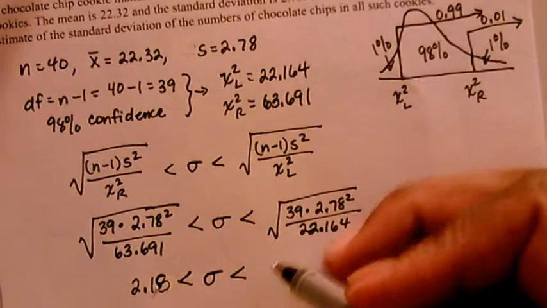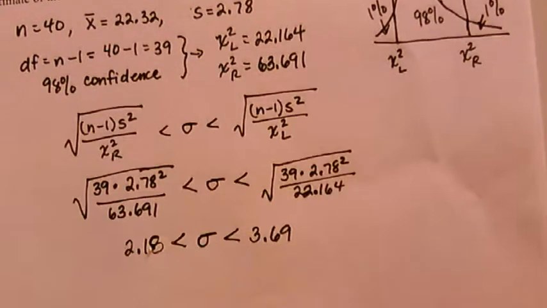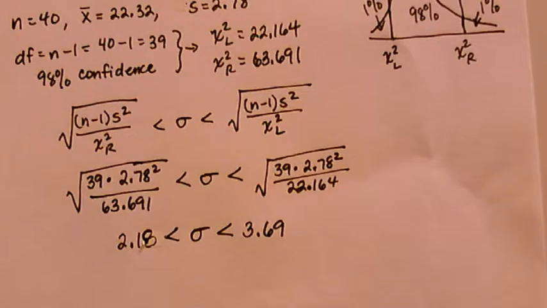And that's going to be your confidence interval estimate for a population standard deviation. If we want to interpret this, we can say that we are 98% confident that the true standard deviation of the number of chocolate chips in all such cookies is between 2.18 and 3.69.